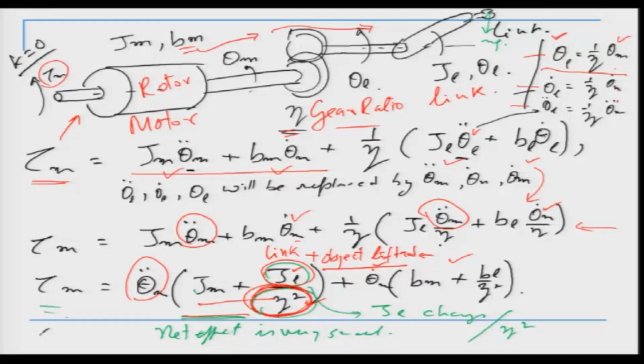So this is something very important that we need to keep in mind: when we are designing a control system, you should not use only a motor, you should use a motor with a gear ratio. Otherwise the effect of the change in the object weight will start getting reflected on the control system, and it will go out of order, it will not be in sync anymore. So this is an important result showing the importance of the gear and the motor.